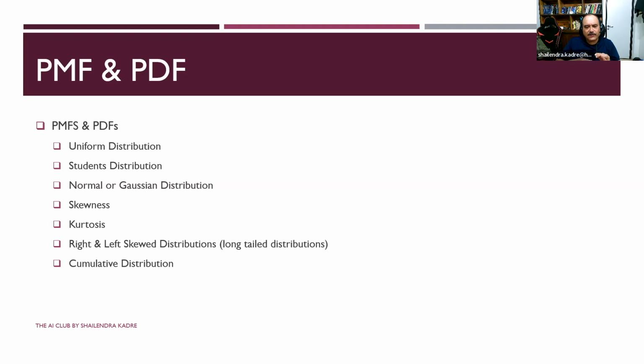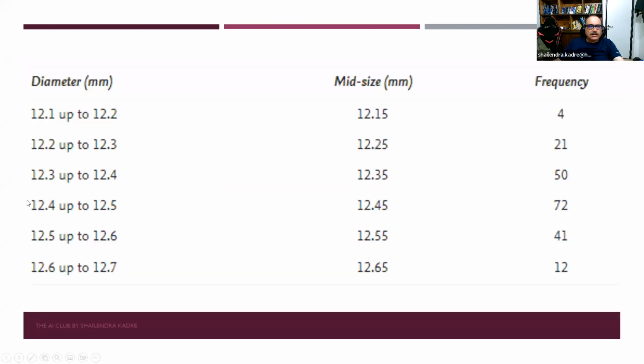Ours is a statistics for data science course. For data science, if you know normal distribution, Student's t distribution, uniform distributions and a couple more, I think that is more than enough. So let us get straight into our lecture.